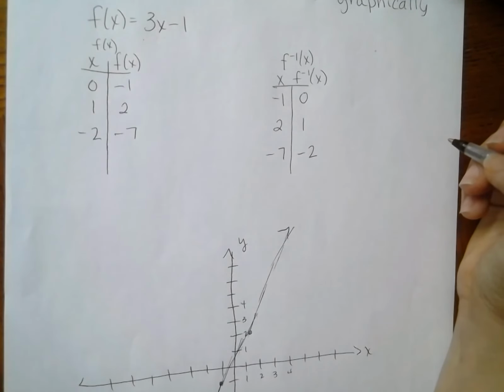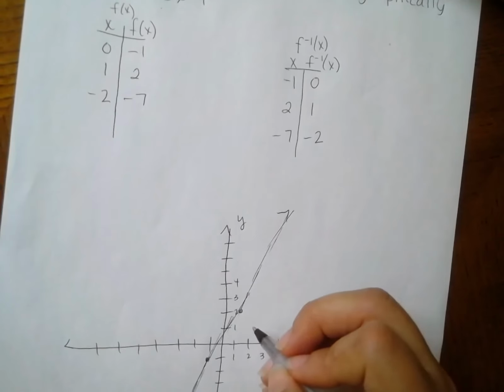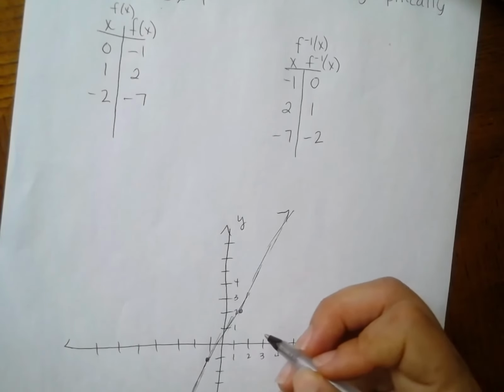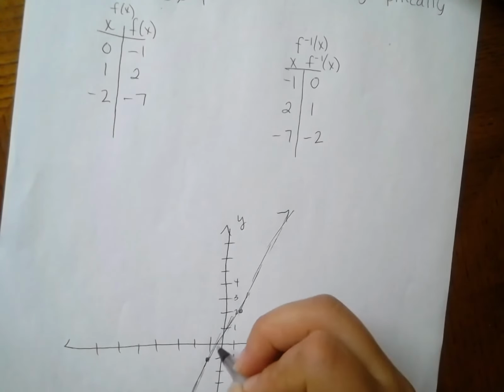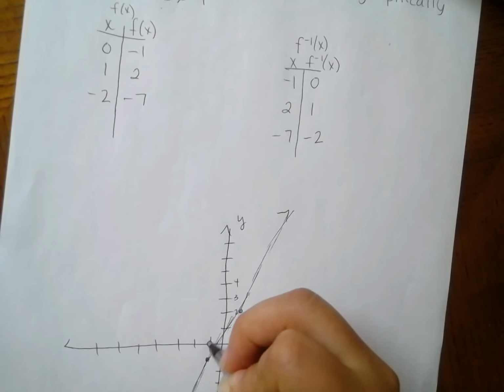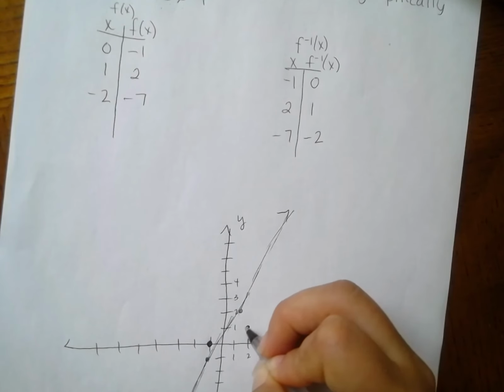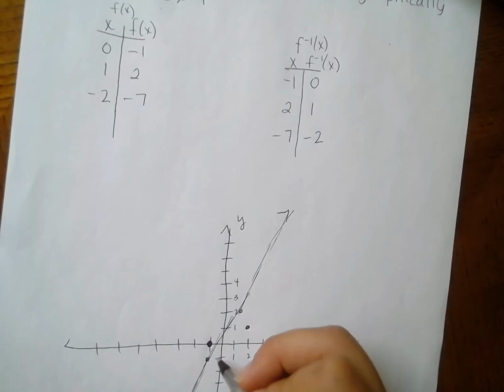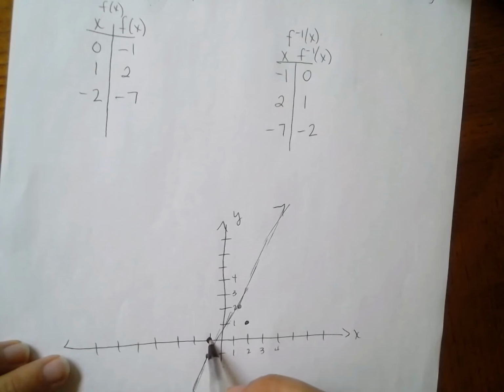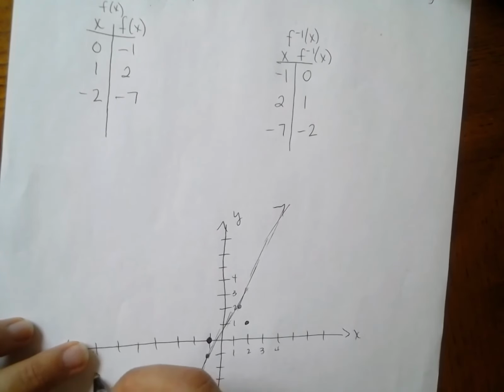Okay, let's plot these as well. So I have negative 1, 0 back here, 2, 1 here, and negative 7, and negative 2 is back here.